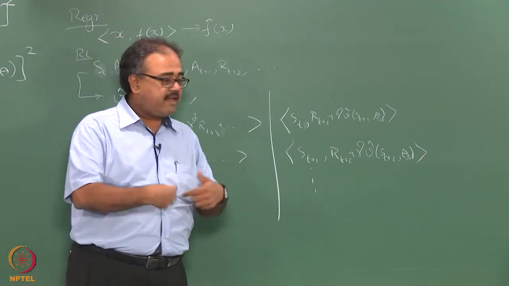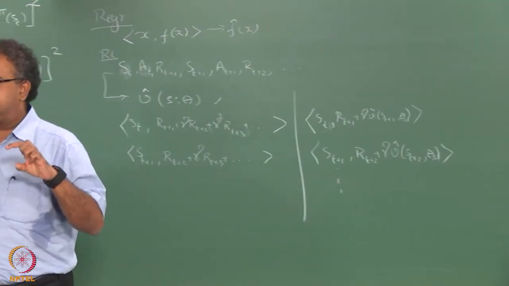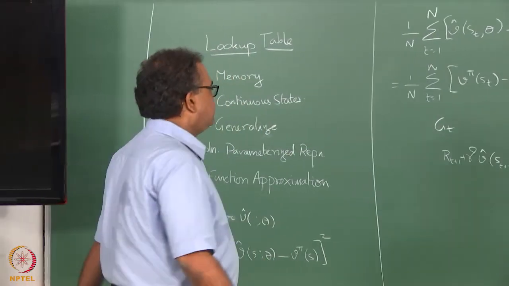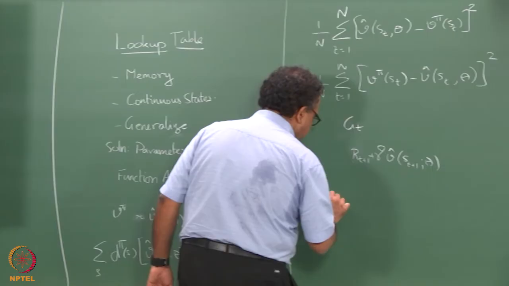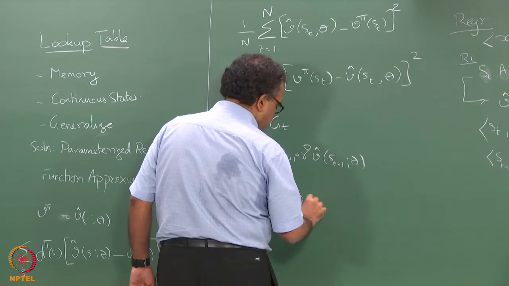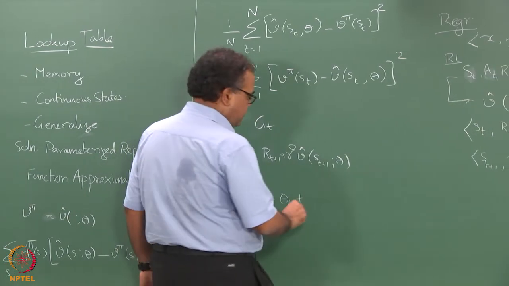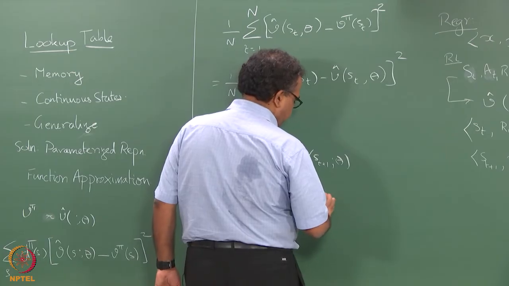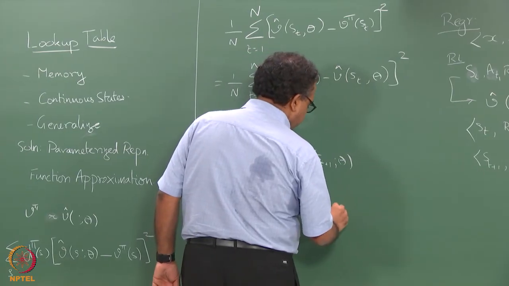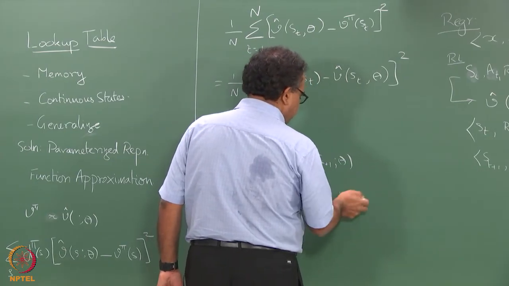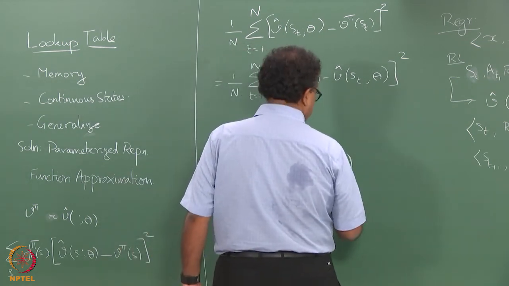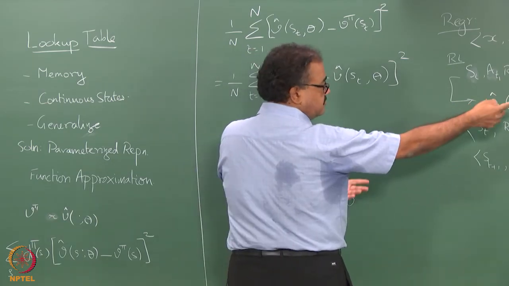Now if I am going to do that at every time step, I can start calling this theta t. So essentially, my theta t plus 1 will be theta t plus some alpha times the gradient of the error, where the error is computed as whatever you want to use.